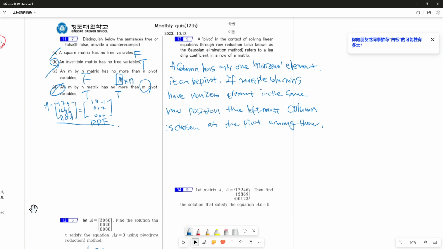So pivot only considers the number of the particular rows. So you should not write down that pivot is equal to the rows.